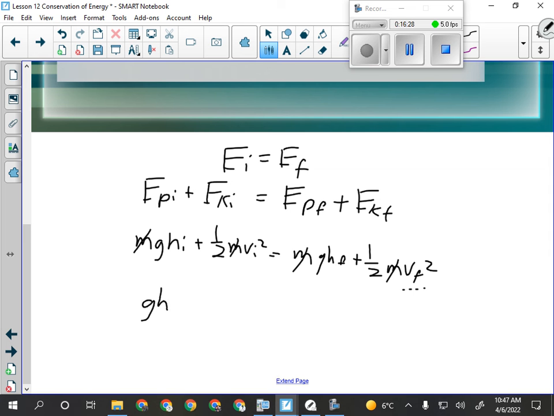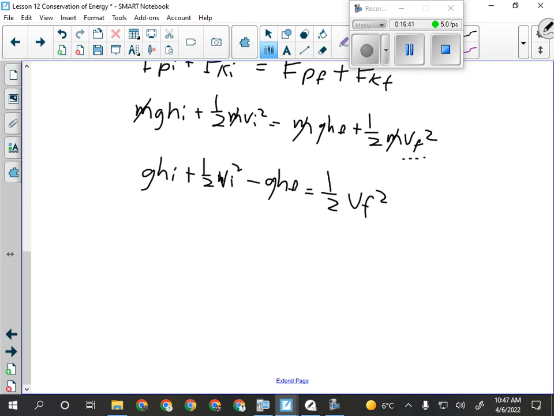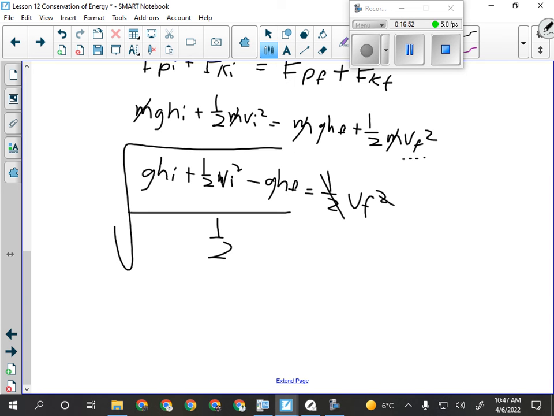So I'm going to have GHI plus 1/2 VI squared minus GHF equals 1/2 VF squared. All right, I want VF squared by itself, so what do I do now? Divide by 1/2. And then square root, because I'm looking for VF, not VF squared.